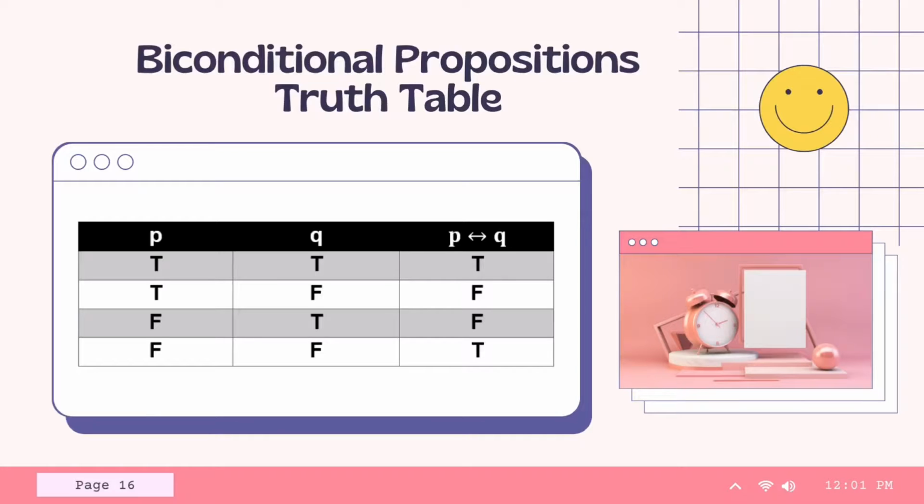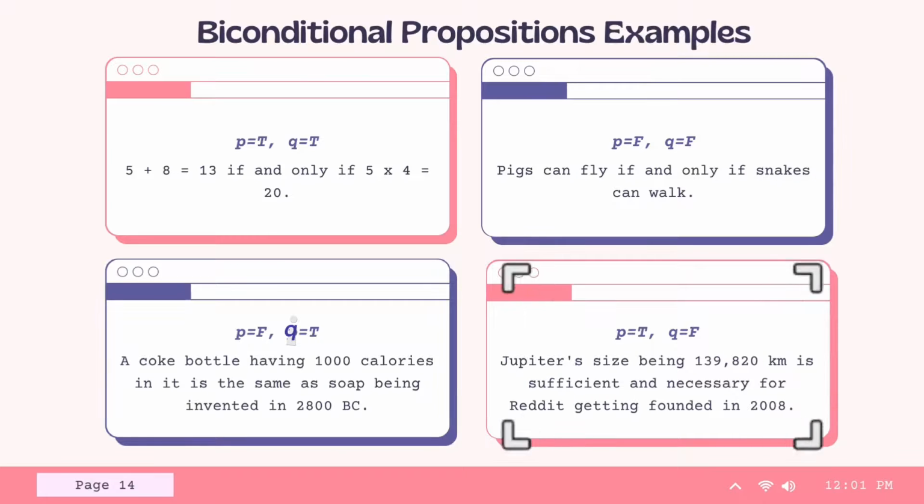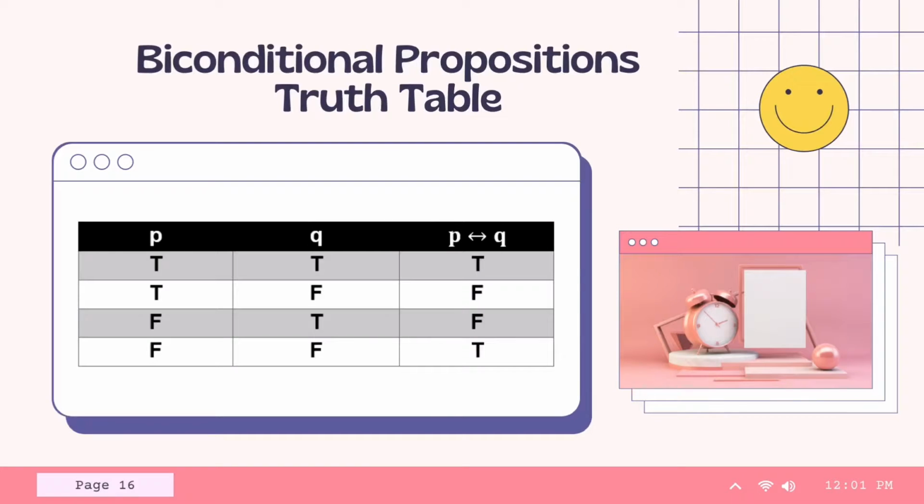And like what I've discussed earlier, they do not have the same value. It also applies to the last example, which is Jupiter's size being 139,820 kilometers in diameter if and only if Reddit was founded in 2008. Reddit was actually founded in 2005, which makes Q false, making this proposition's truth value false too.